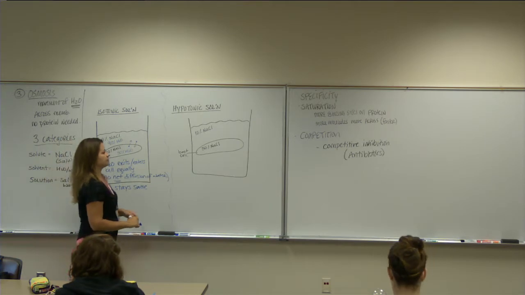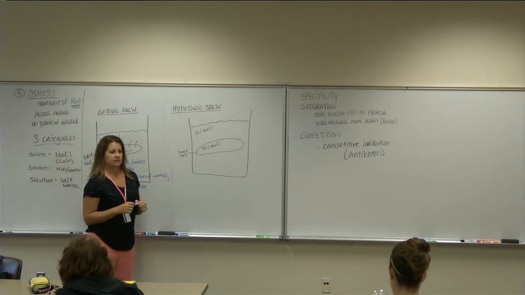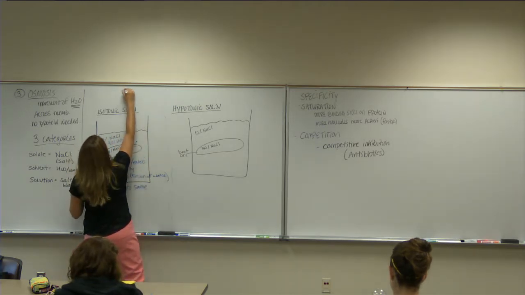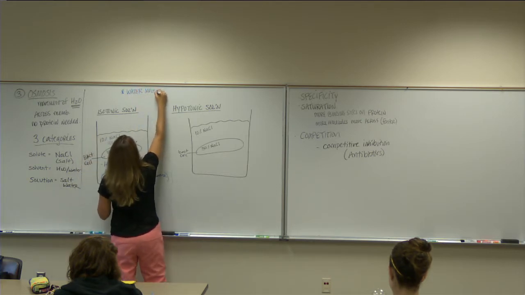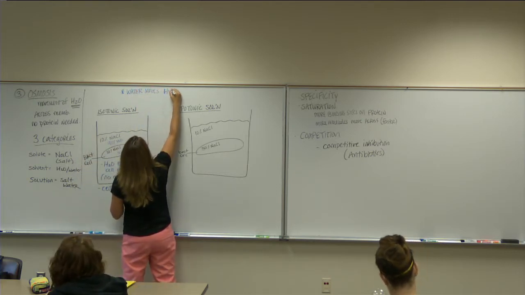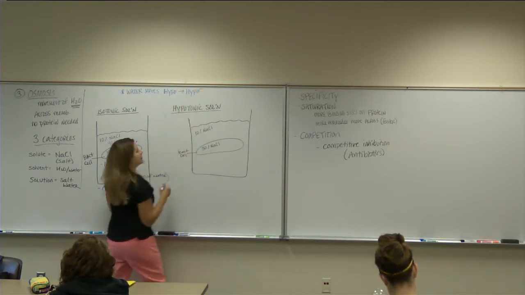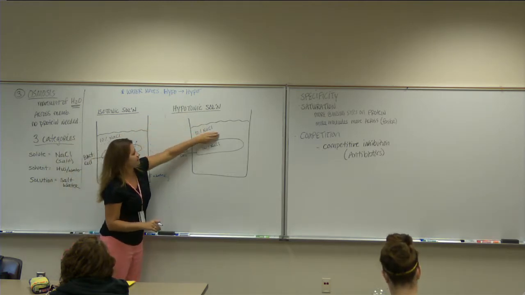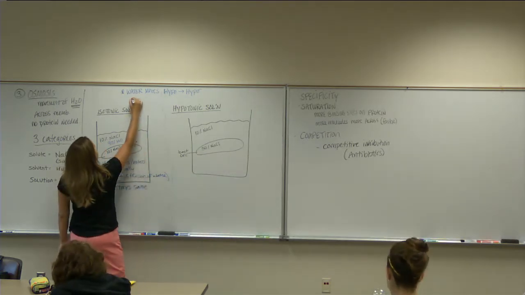So in this situation, which way would water move? It's going to move inside the cell. So up here, I will say water moves hypo to hyper, meaning it goes from the hypotonic side to the hypertonic side.